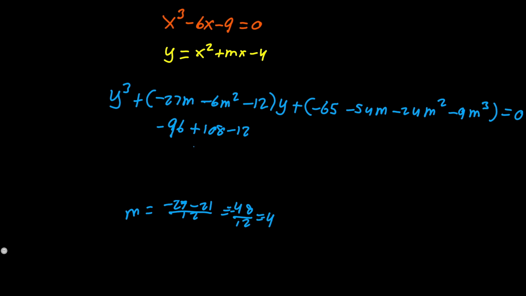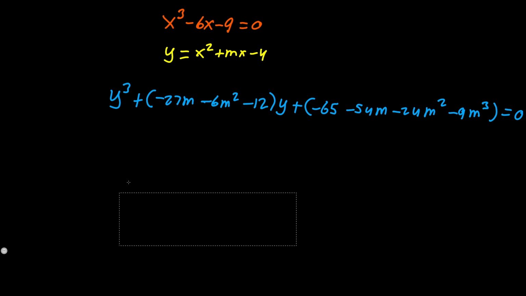Negative 96 minus 12 is negative 108, and then plus 108 gives 0 because they cancel each other out. So negative 4 is our preferred solution for m. So we now have m is equal to 4, or negative 4.